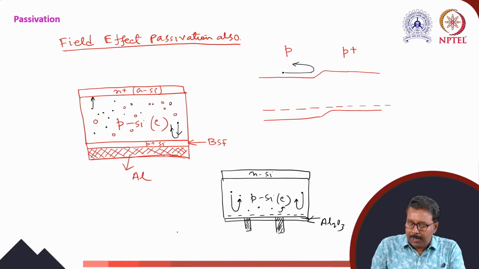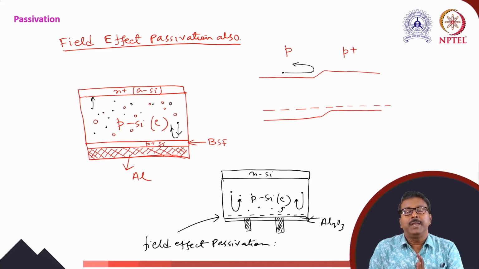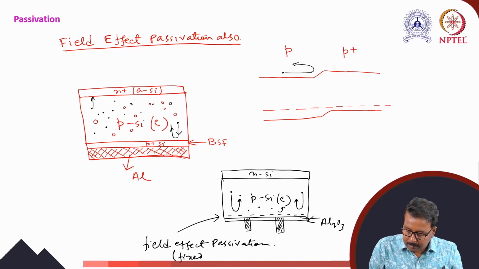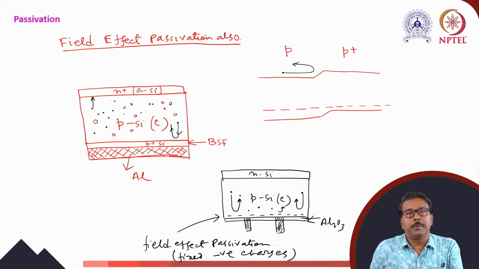So this is called field effect passivation. Due to presence of fixed negative charges, electron movement is controlled. This type of passivation is also allowed, because if electrons would come in this direction, they would be lost. They would be reaching the back contact. This is not the desired case. So this way field effect passivation is also possible.